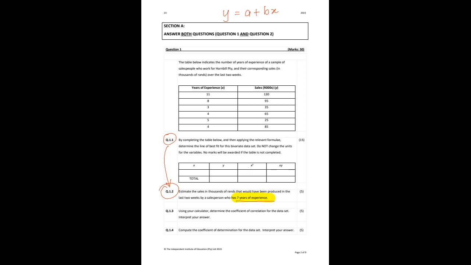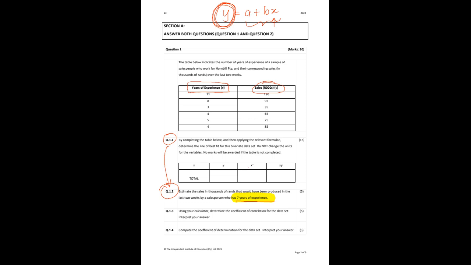So in place of your X variable in this formula, once it's now put together from question 1, you'll substitute 7, and so you'll have values for the right-hand side, and you're using it to calculate what the sales would be, what the Y value is on the left-hand side. So all you're doing is substituting for the value of X in the formula, and this will tell you what your sales would be for a salesperson who has 7 years worth of experience.